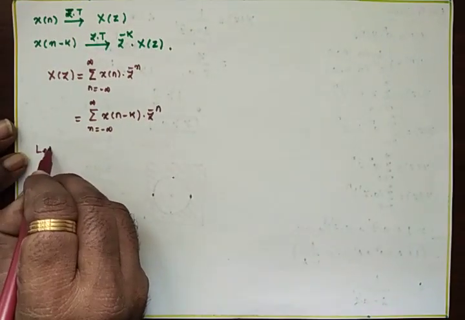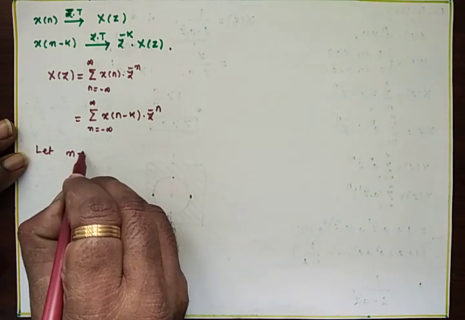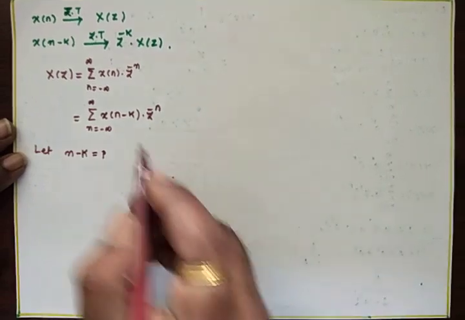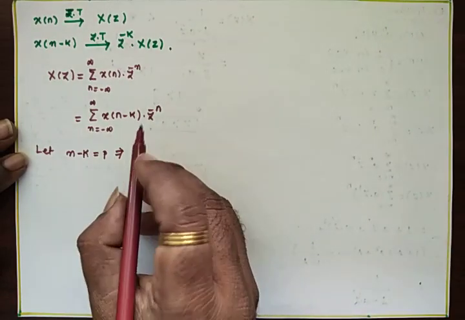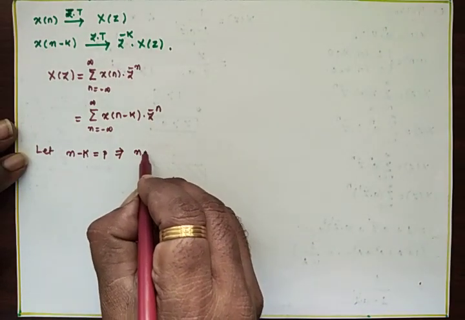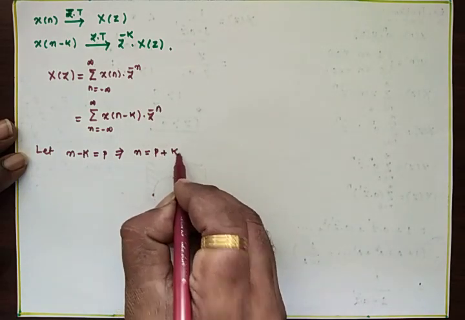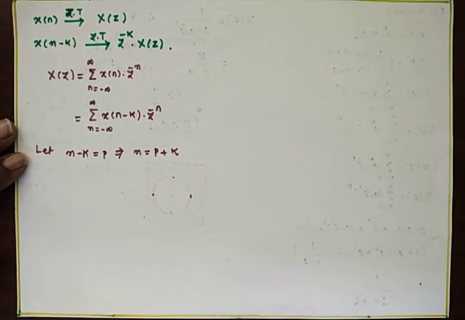Let us assume n minus k equals p, so that n equals p plus k.